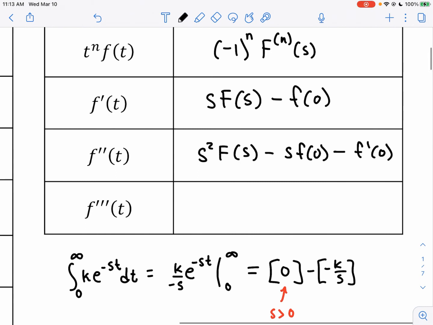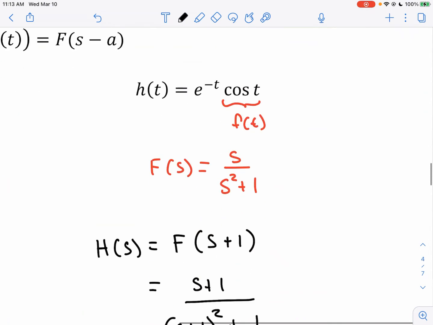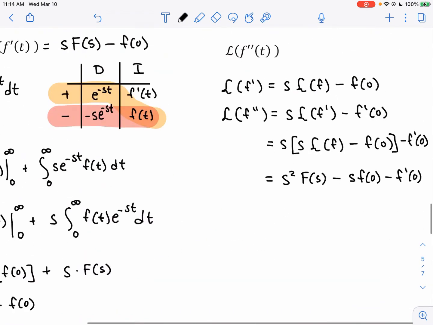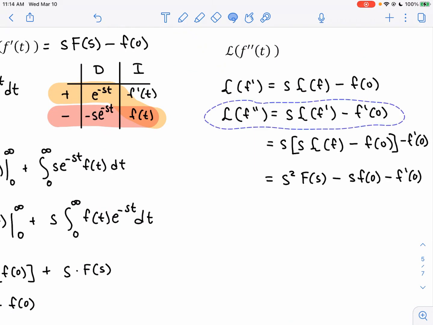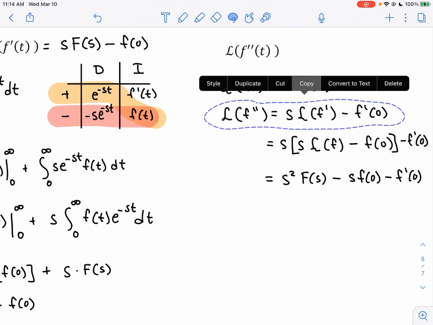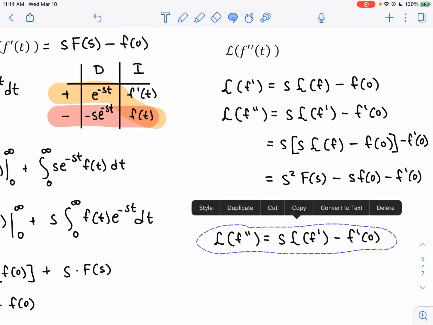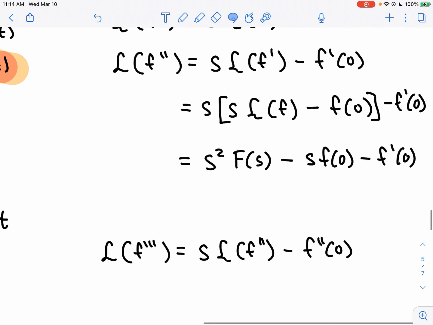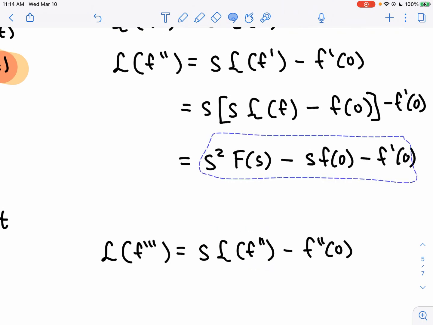If I wanted to do f triple prime, which I didn't ask to do in this slide down here, but if you wanted to, we would effectively start with this statement and just change all the f's in this statement to f primes again. So this would become f triple prime, this would become a double prime, and this would become a double prime. And then you would do a bunch of nested formulas. So right here, you would change this to this expression.